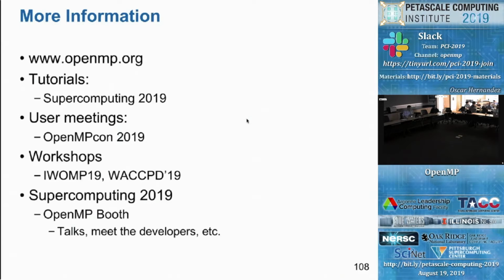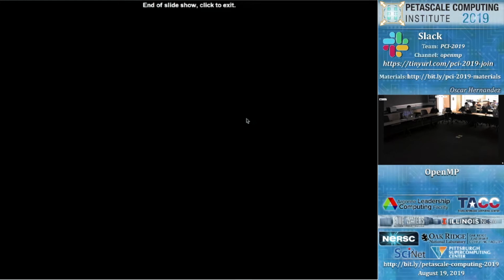We also have upcoming workshops that focus on OpenMP and other programming models for accelerators. And then we're going to have a booth at Supercomputing where we have different talks, and people can meet the developers there or ask any specific questions about compilers or OpenMP, the specifications, and so on. And with that, I finish my presentation.